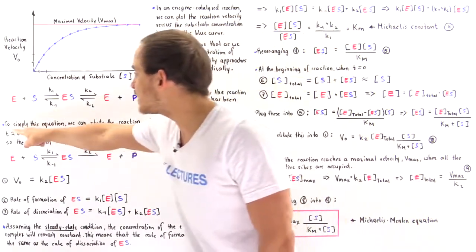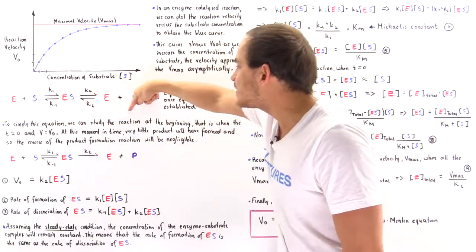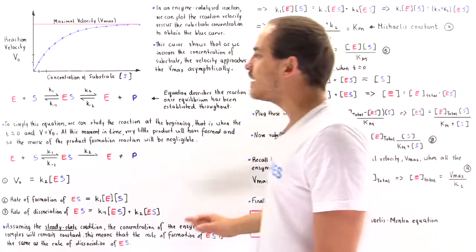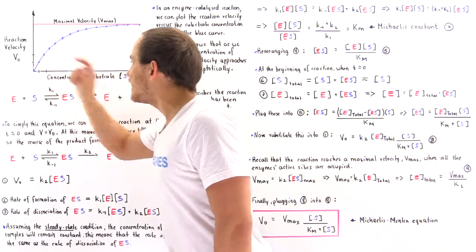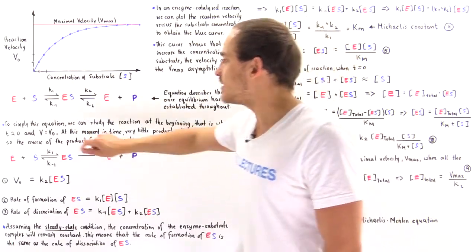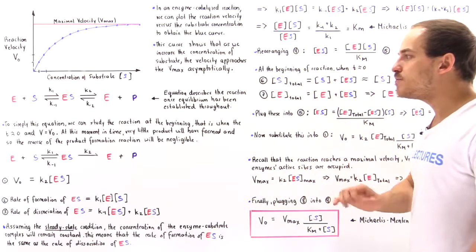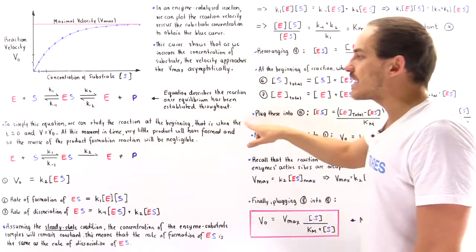So once again, to simplify this equation, we can instead study the reaction at the beginning, that is, when the time is approximately equal to 0. At that point in time, the rate V is equal to V naught. At this moment, very little product P has actually formed.